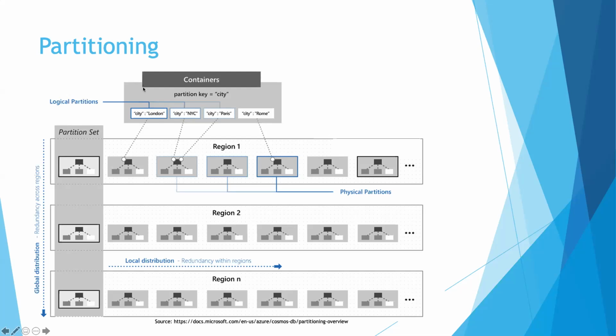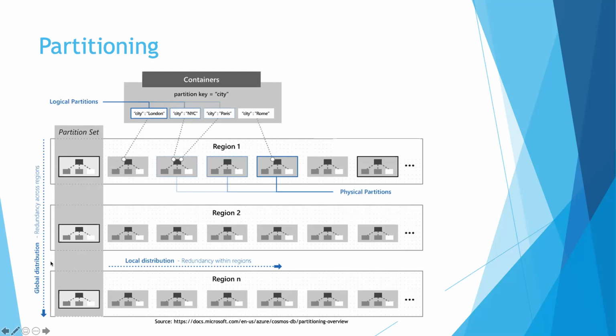So the only part we actually worry about is picking a good partition key so that the data is evenly distributed. But just for completeness, this diagram shows that your data, although it's distributed amongst logical partitions, those logical partitions are distributed amongst very many physical partitions, and each physical partition is actually a server or some solid state drive in the world.